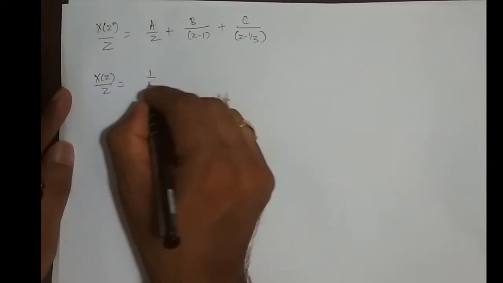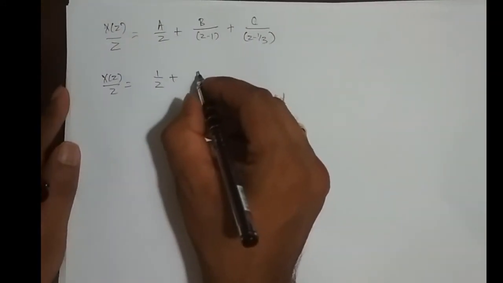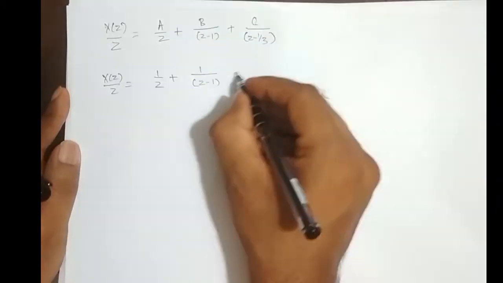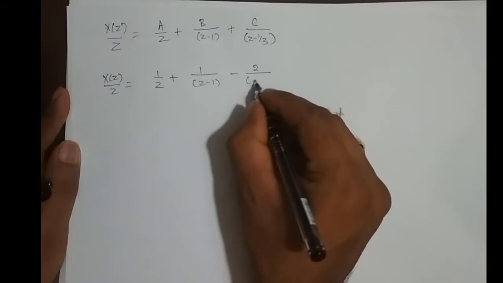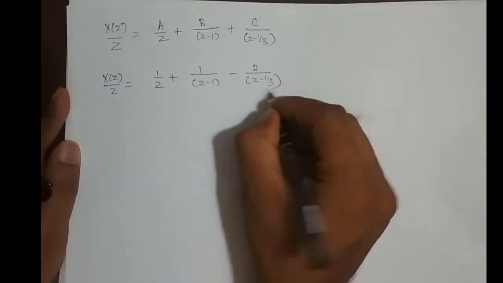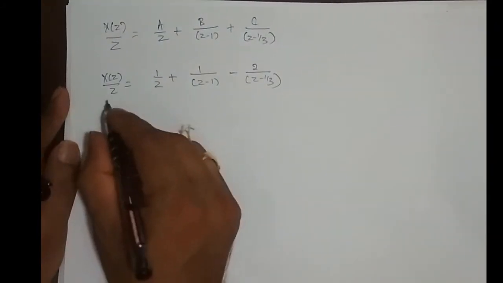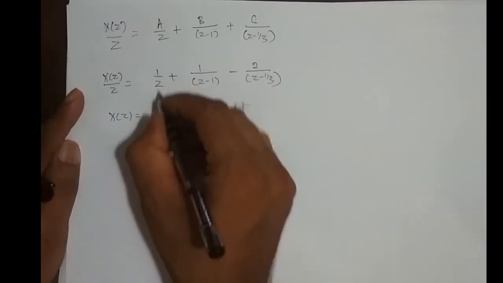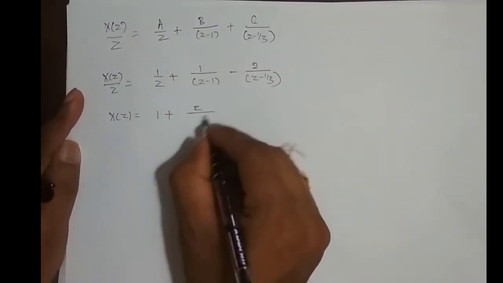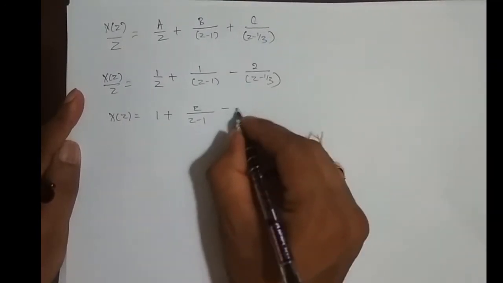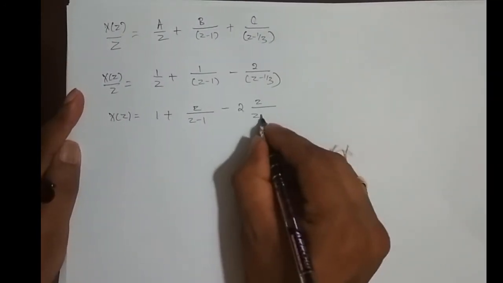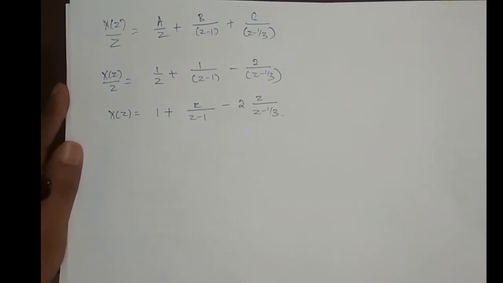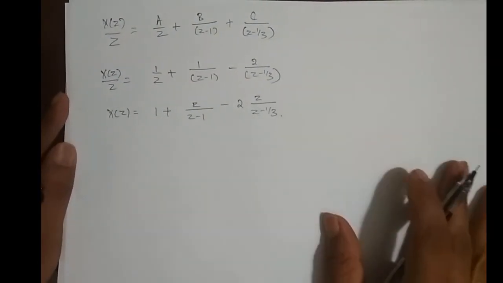So 1/z plus 1/(z minus 1), c is minus 2, so minus 2 divided by (z minus 1/3). So I'll take this z to the other side. I get X(z) as z/z, it is 1, plus z divided by (z minus 1) minus 2 into z divided by (z minus 1/3). Fine. So now this is the basic equation for us to consider the ROCs.